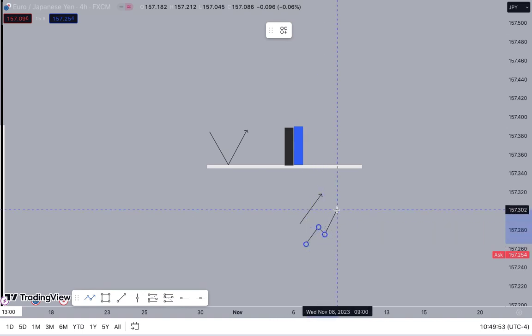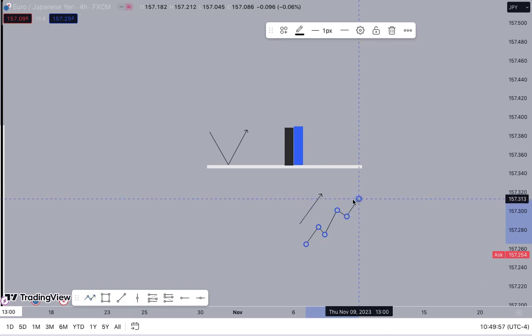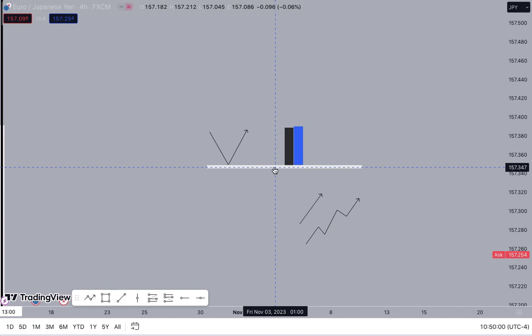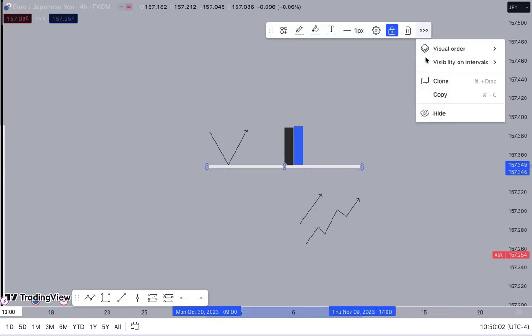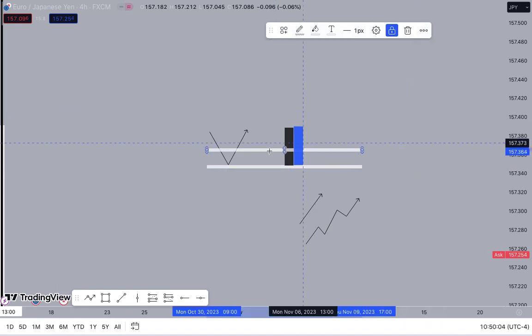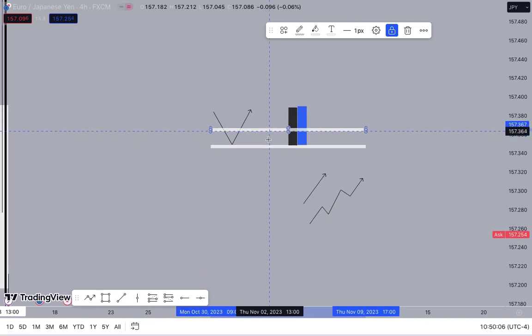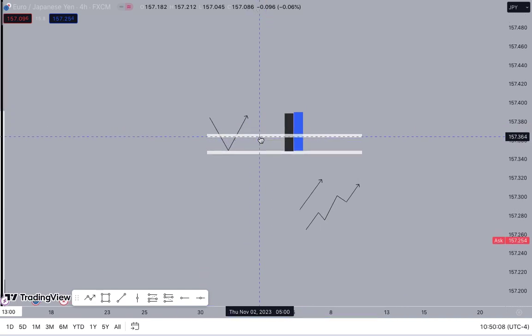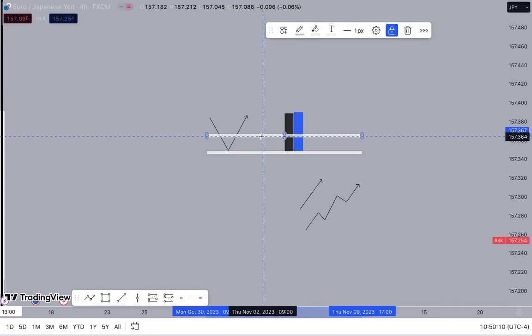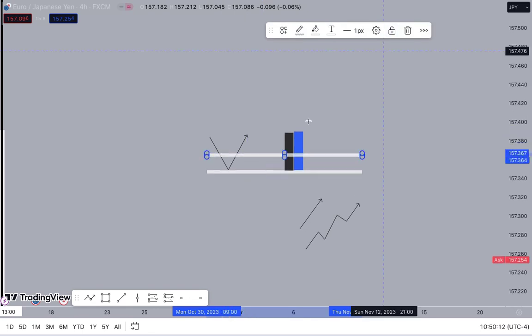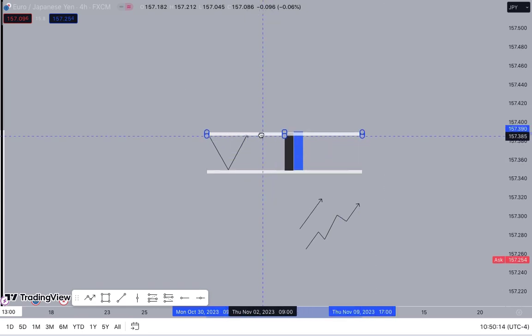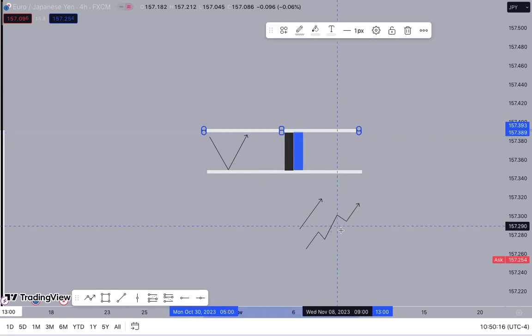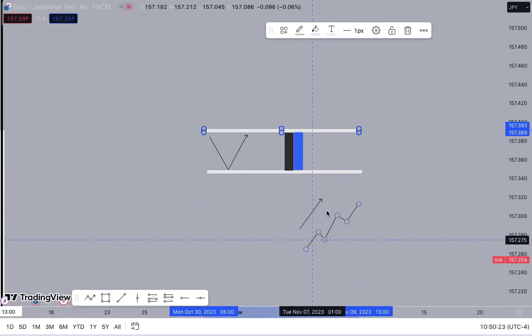Now, if this got to a resistance level, let's say this is a resistance level, and the daily did this to that resistance level, and the 4 hour did this to that resistance level on the same candle.